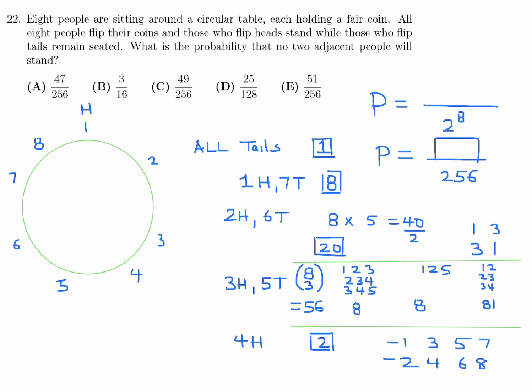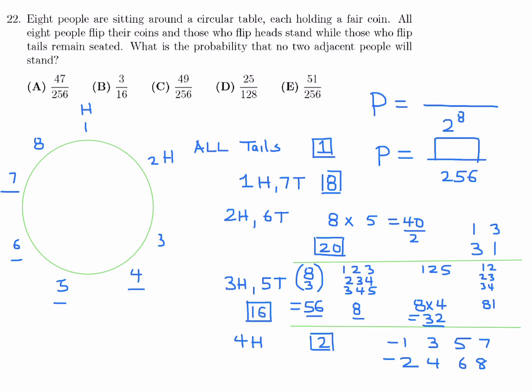And then the third one, for example, if I put H at 1 and H at 2, the third one can go either here, here, here, or here. There's 4 possible choices for the third one. So that's why you multiply by 4 for that third one. And this is 32. So from this 56, you have to subtract this 8 and this 32. And when you do, you get 16.